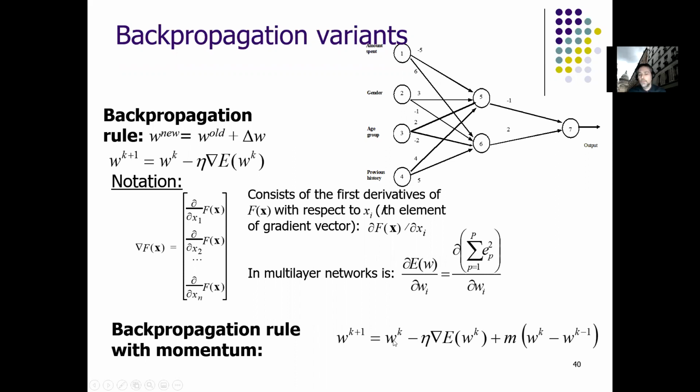So you have the old weight, the correction, which is the negative of the gradient, plus an extra term, which takes into account the difference between the values of the weights at k and k minus 1. Okay, and it has been shown that this kind of additional term helps a lot to avoid convergence to local minima, and somehow it speeds up the algorithm and helps the algorithm to escape from neighborhoods which lead to local minima.